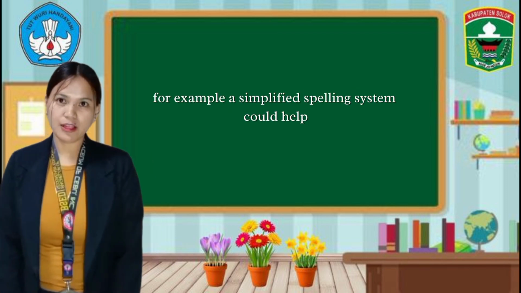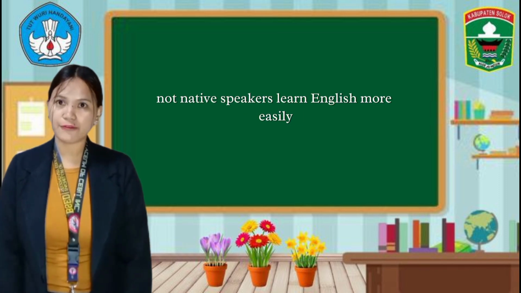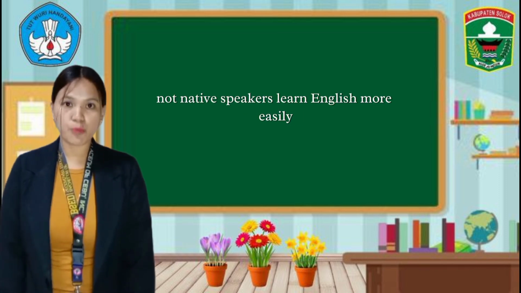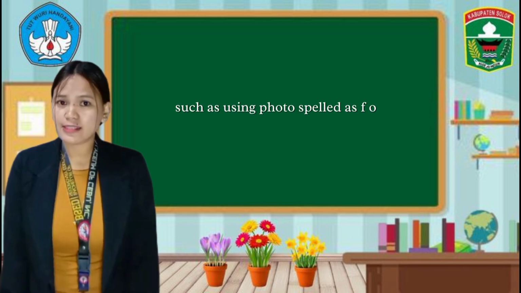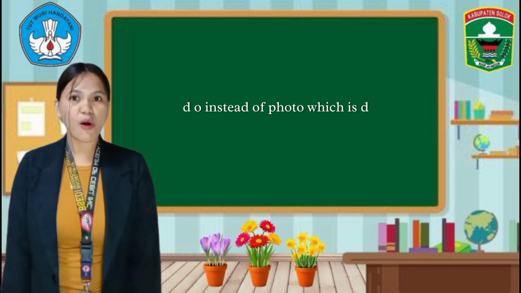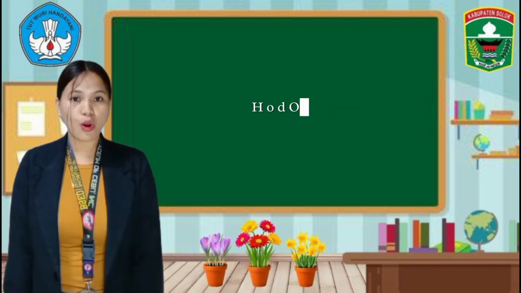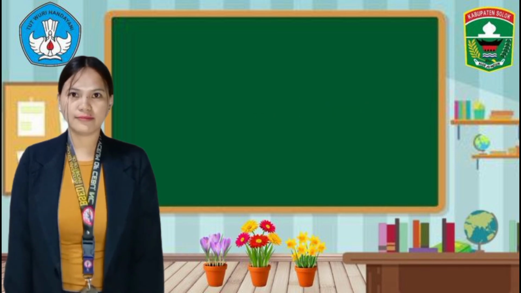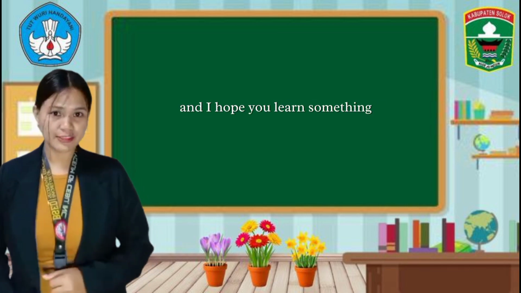For example, a simplified spelling system could help non-native speakers learn English more easily, such as spelling photo as F-O-T-O instead of P-H-O-T-O. So that's the end of my discussion, and I hope you learned something.